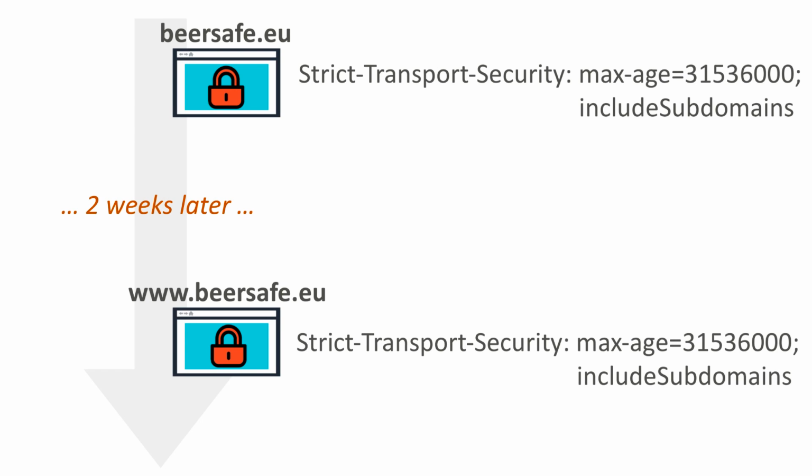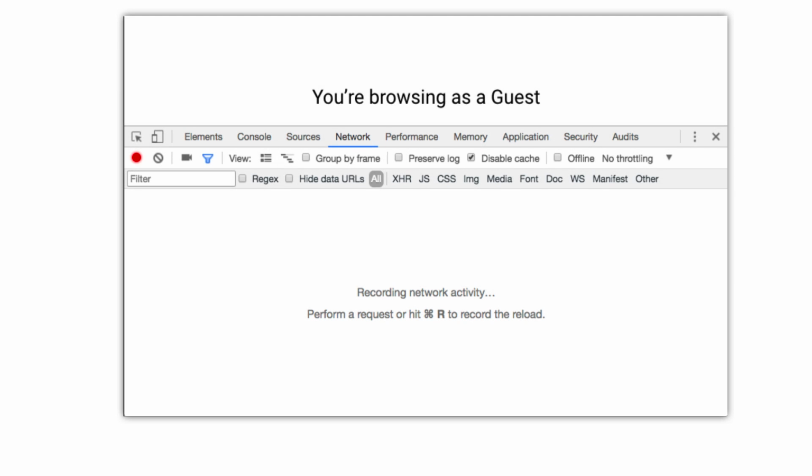Note that the includeSubDomains flag can be dangerous. It prevents the browser from making HTTP requests to all subdomains. If a legacy HTTP service is still running somewhere, it will become unavailable to all browsers that have seen the HSTS policy.